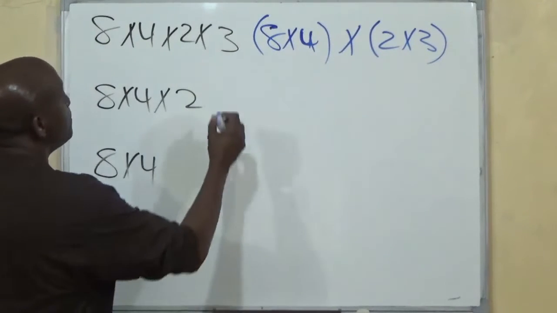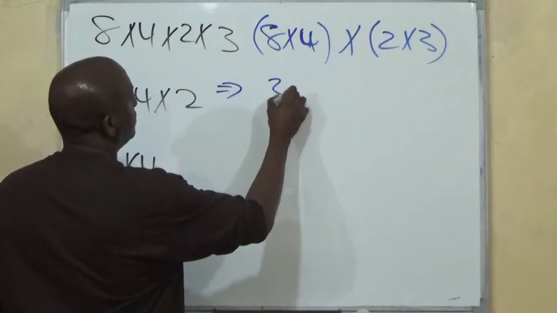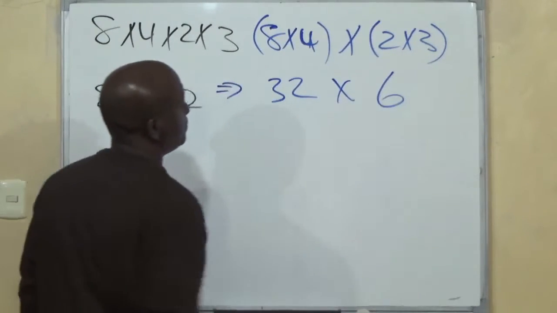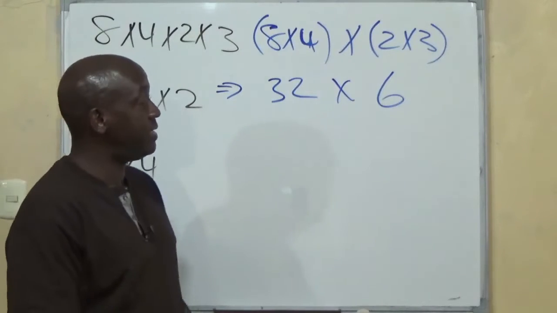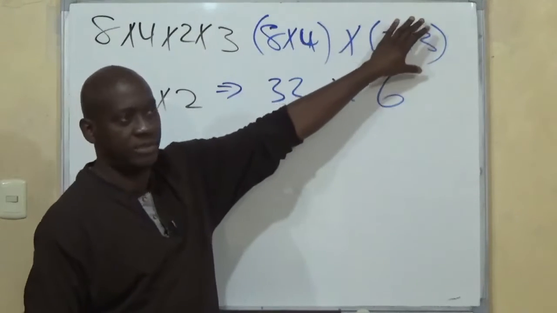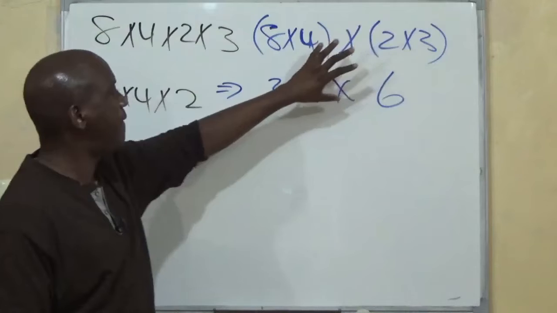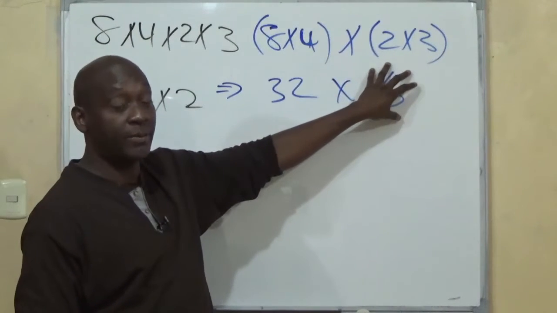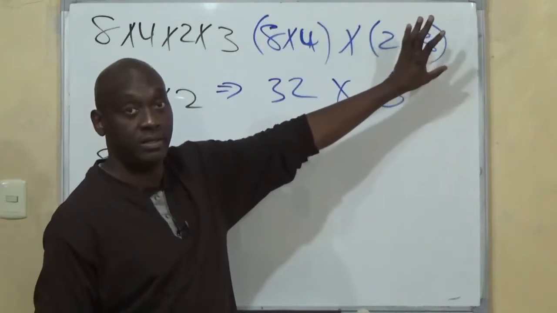Alright? So 8 by 4 is 32. 2 by 3 is 6. So 32 by 6. So you see, operation, operation. Now we could refer to this as an operand, which carries a value. Well, this too is an operand. That's the point I make.